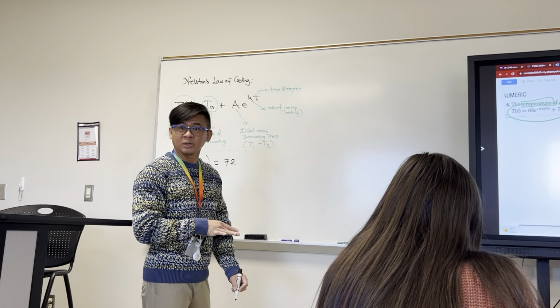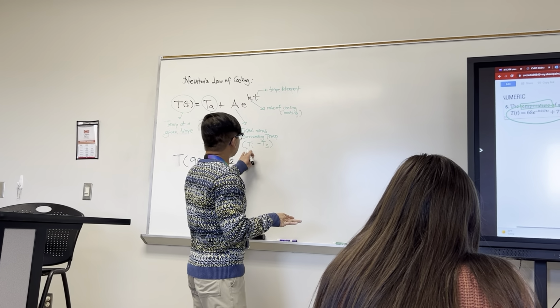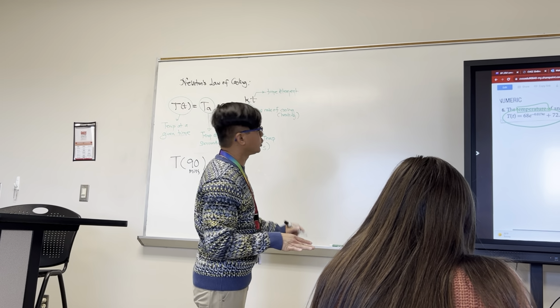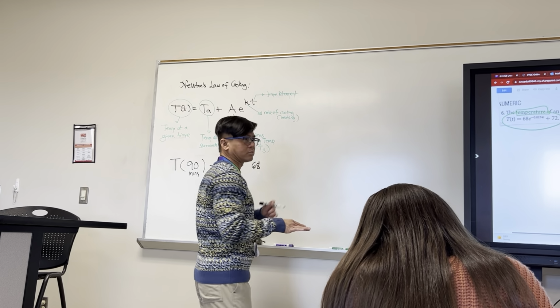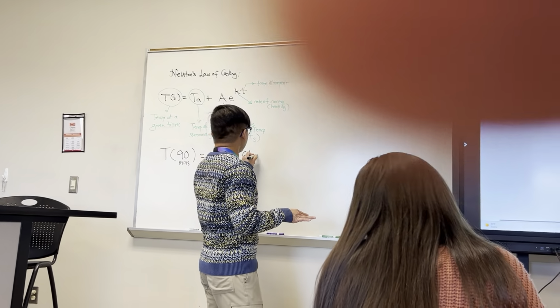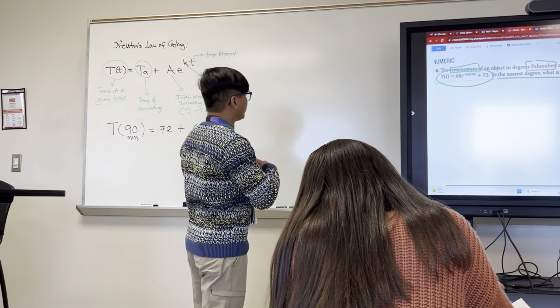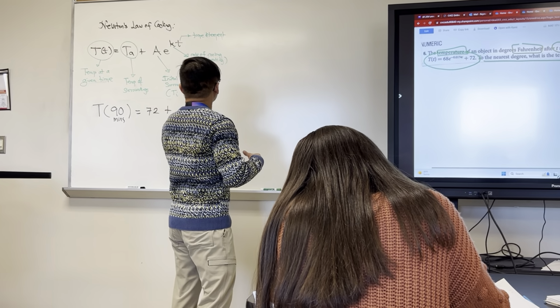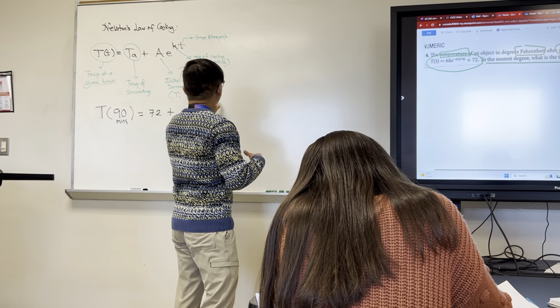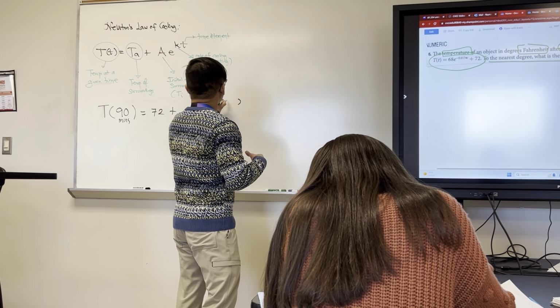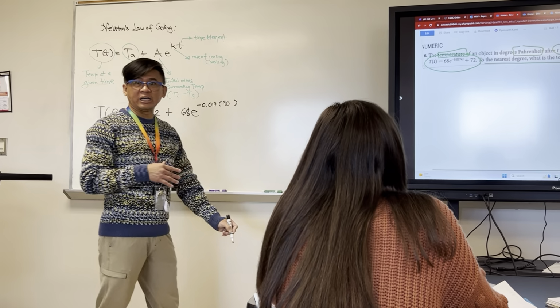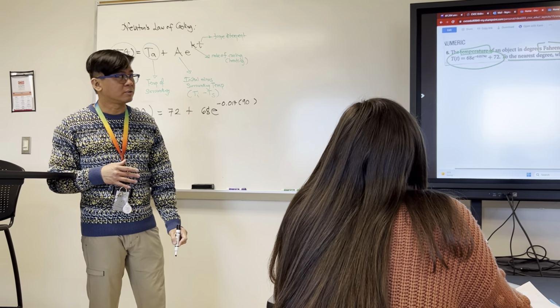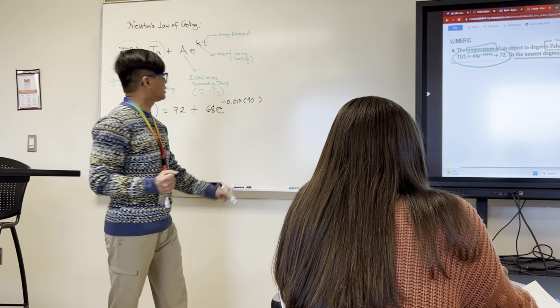What's the surrounding temperature there? 72. Plus, what's the difference between the initial and the surrounding temperature? 68. As you may notice, everything is already given for us. e to the negative 0.017 times t, and t is 90 minutes. Now it says to the nearest degree.